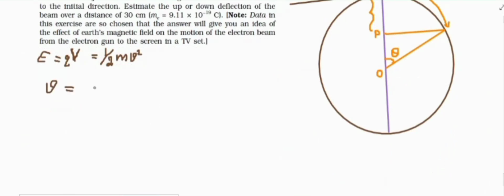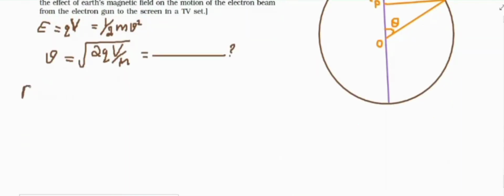Velocity v is equal to under root 2q capital V upon m. So you will get first velocity. Once you get velocity, we know that magnetic force, qvB, again q is equal to e, will give the necessary centripetal force mv square by r.